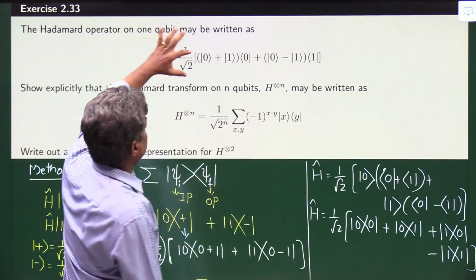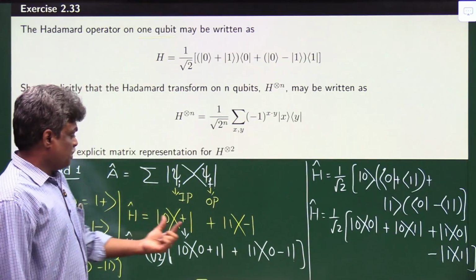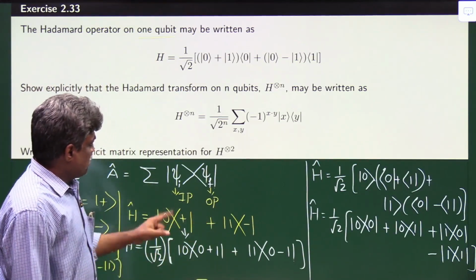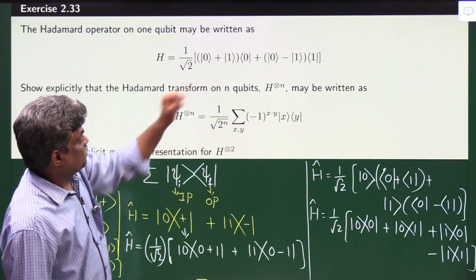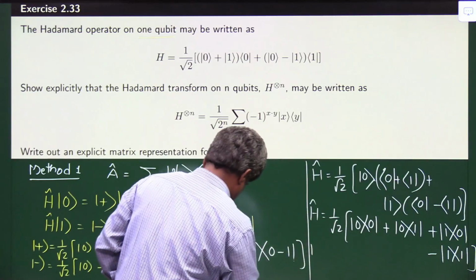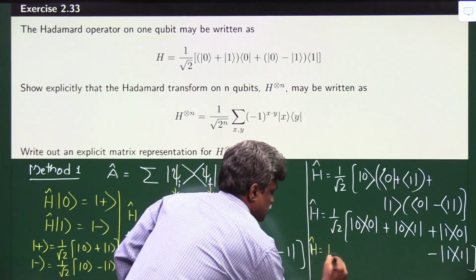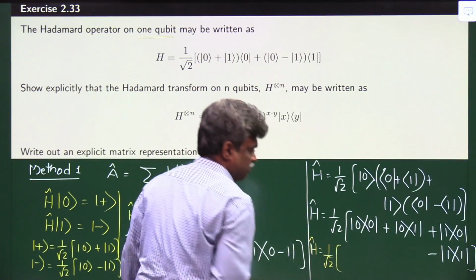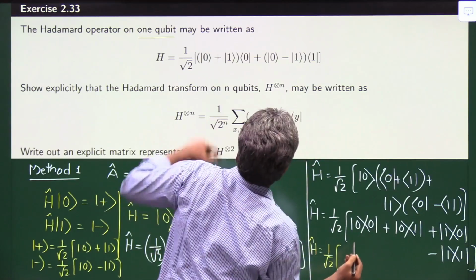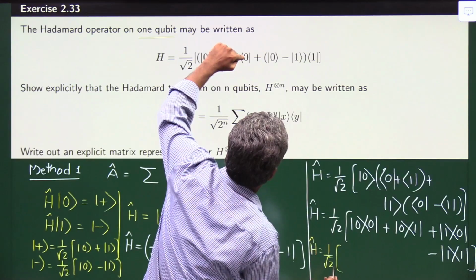If you want to get this form, maybe if you observe carefully, our input and output are reversed here, but okay, we can get back to this. You just take the common factor, so we can get that form again. Here we have the plus state and this bra 0.